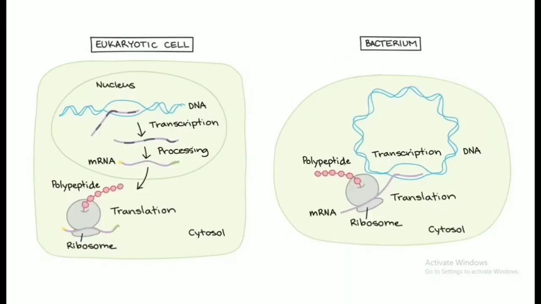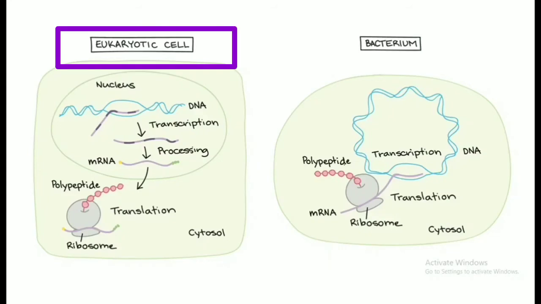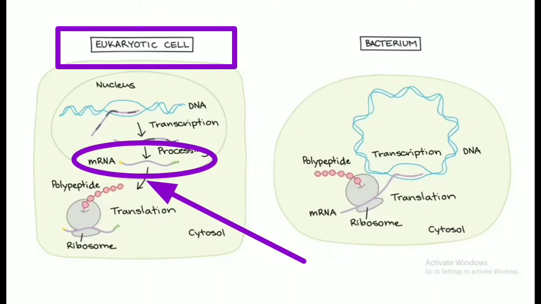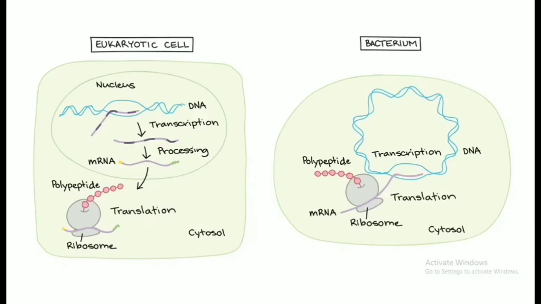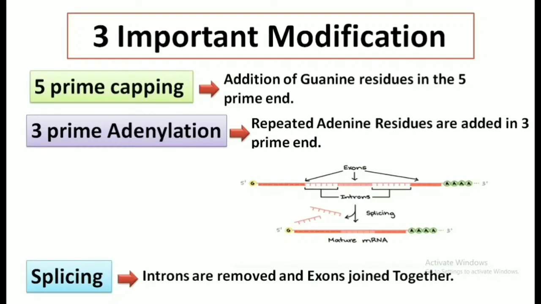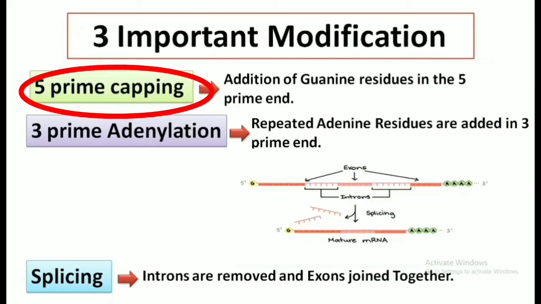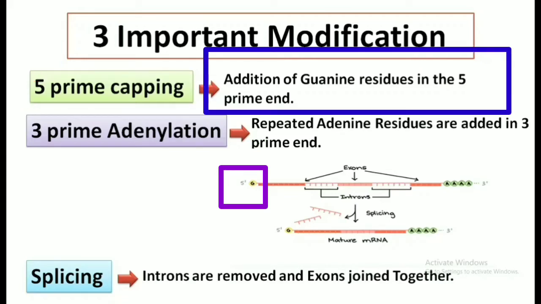But before splicing, there are two more important processes that should be carried out to finally transport the mRNA into the cytosol. So before transporting the newly made mRNA to the cytosol in eukaryotes, three major steps occur. One is known as the 5' modification, or also known as the 5' capping. That is the addition of guanine residues in the 5' terminal of the mRNA.